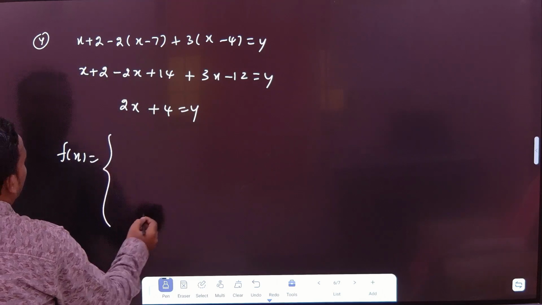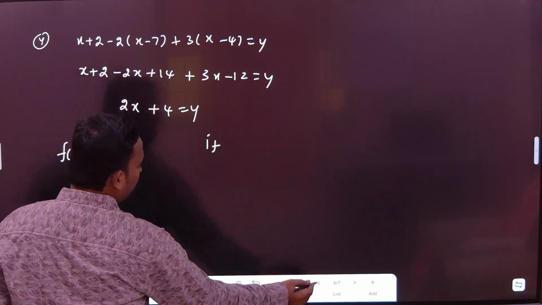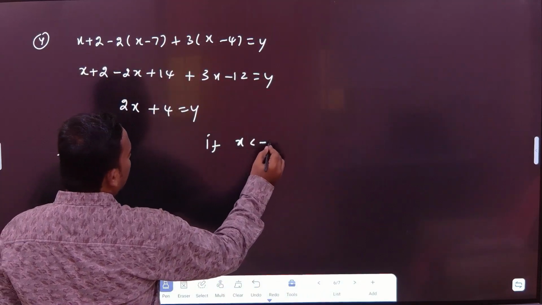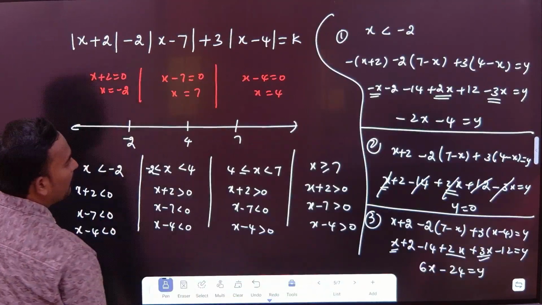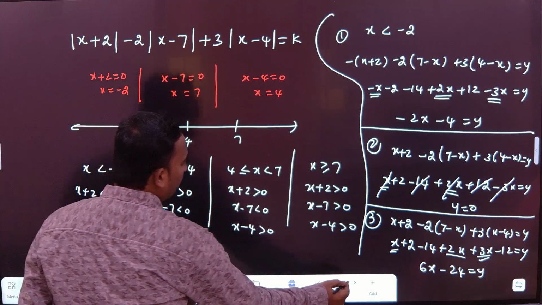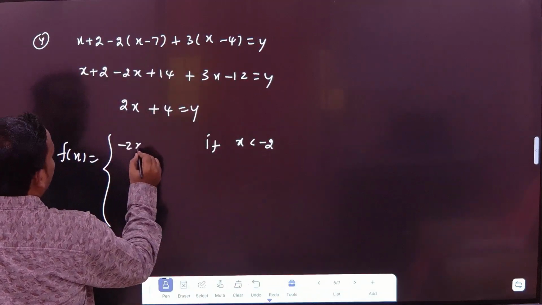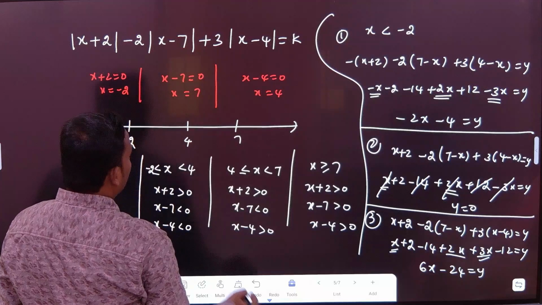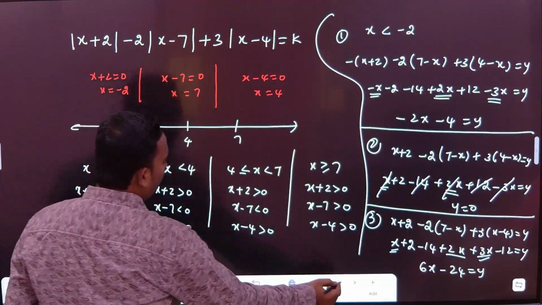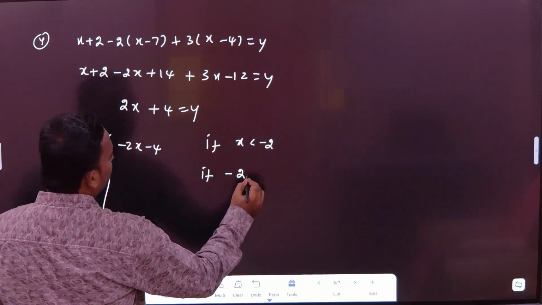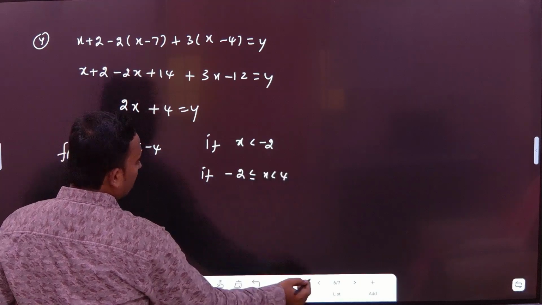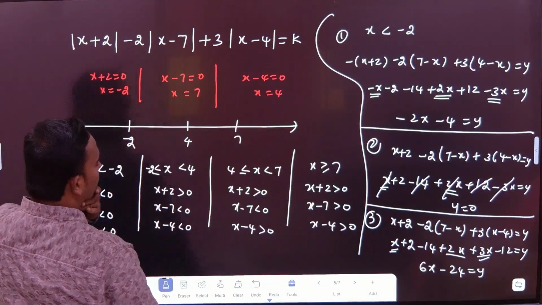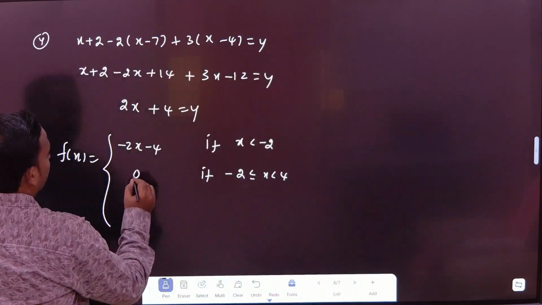Then you redefine the function. You can see, student, the first interval is what? x is less than minus 2. How to define? Minus 2x minus 4. If x is in minus 2 to 4, minus 2 included to 4, in this interval y is equal to 0.